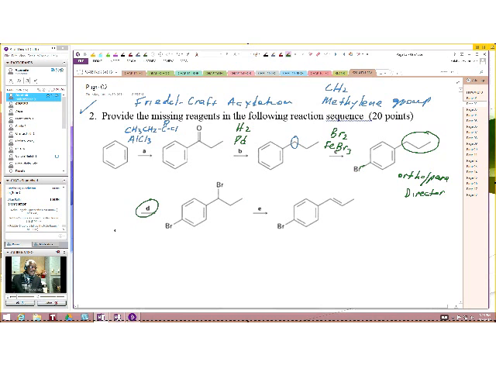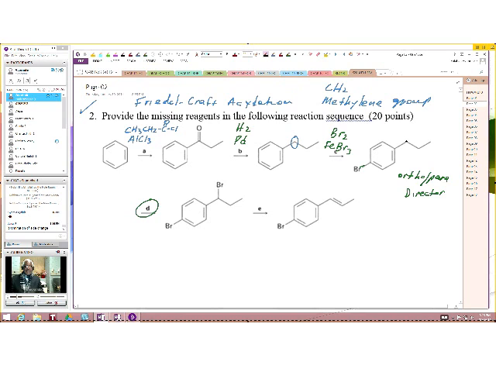Okay, about D. What are we doing in D? What reagent do we need? If you notice here for D, what is happening?